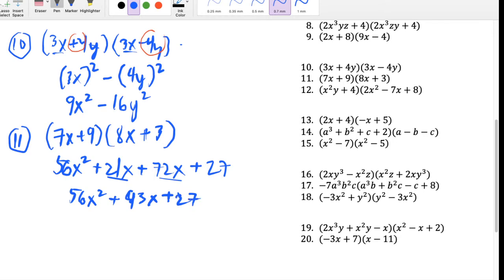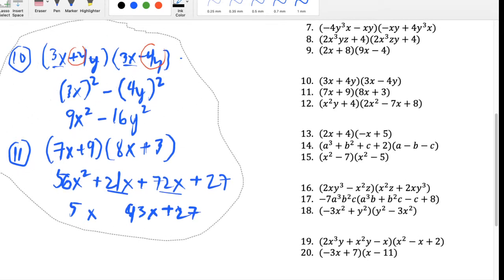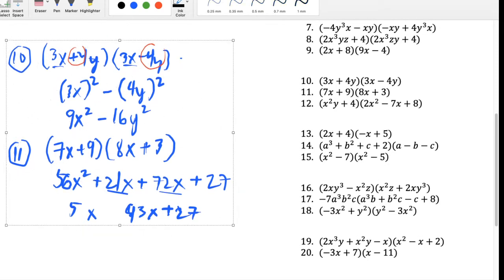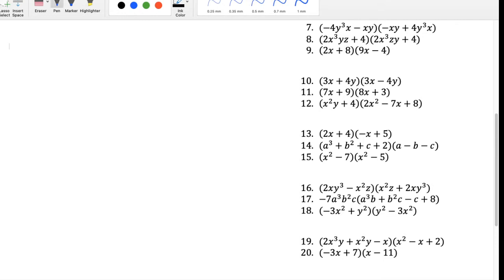Number 12. Sige, burahin muna natin kasi for number 12, we have a binomial times a trinomial. So, ang gagawin lang dyan is i-distribute lang natin yung terms ng, or i-multiply natin yung each term ng binomial natin sa each term sa trinomial.